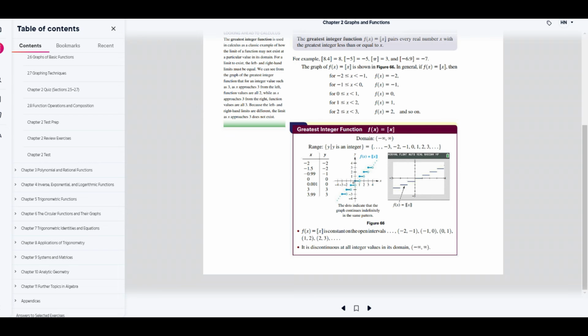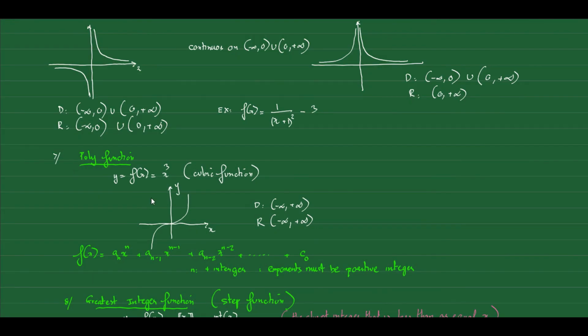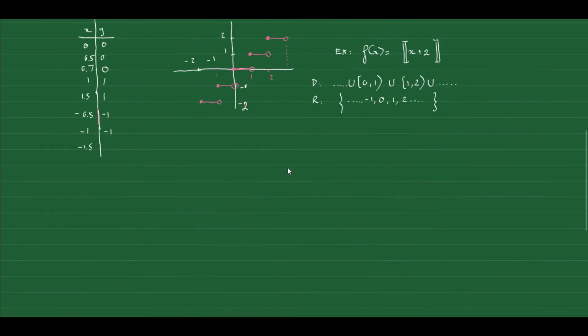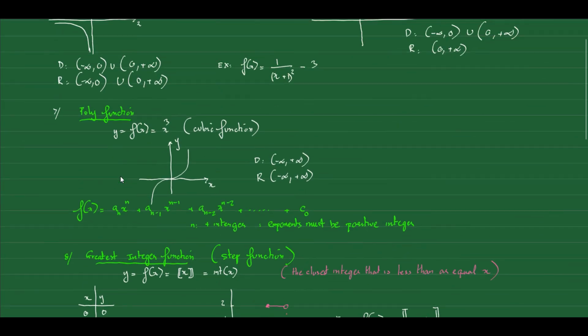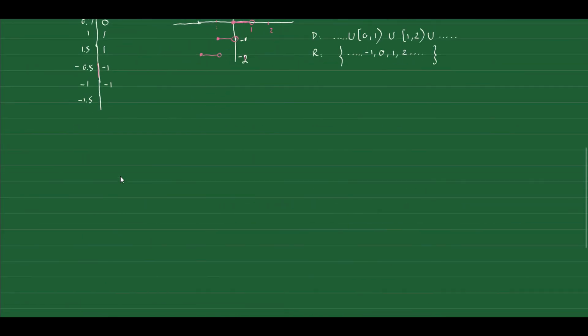Anyway, this is a basic function, and all the basic functions you can combine together, and when you combine them together, we have a new function. We call that a piecewise function.